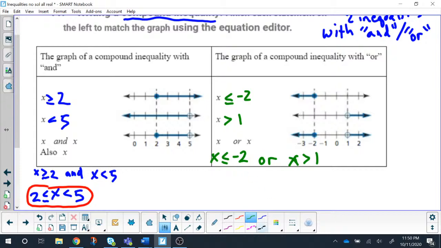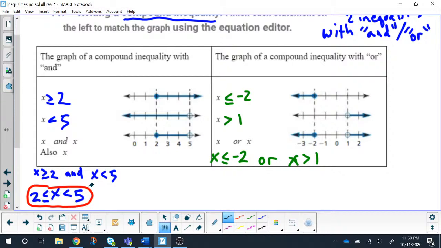Notice with OR, we have to write it as two separate inequalities. We're not going to string it together like we did here. If we did, it doesn't work. It doesn't make sense. Notice with the AND statement that this works. 2 is less than X, which is less than 5.